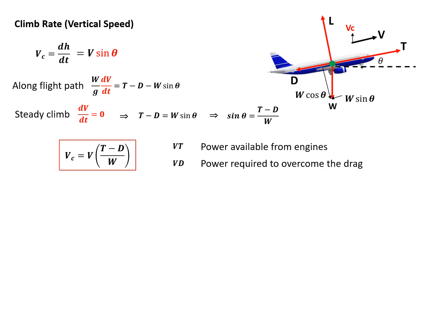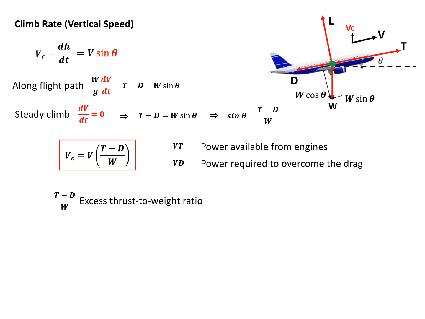Okay, so physically we know VT is the power available from the engines, because force times velocity is power, which has a magnitude of power. V times D then is the power required to overcome the drag of the aircraft.